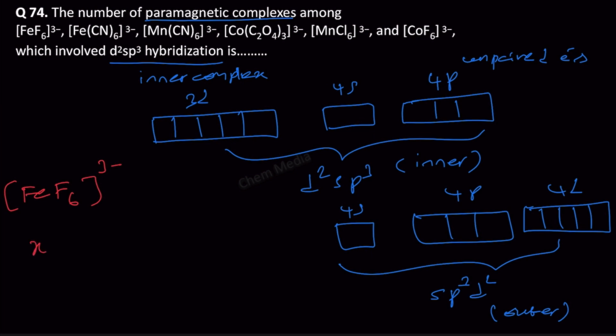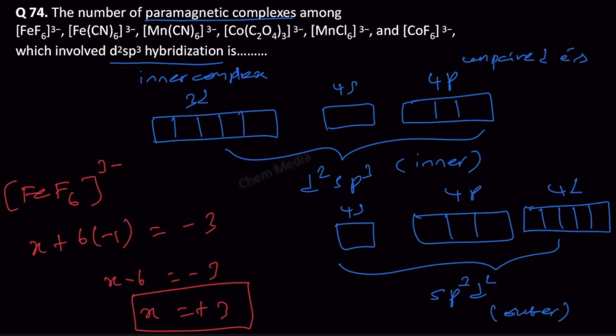Let's put the oxidation state of Fe as x, and the charge for fluorine is -1. We have 6 ligands, so 6 times -1, and that is equal to -3. Therefore x - 6 = -3. This means x is equal to +3. So the oxidation state of Fe in this case is +3.